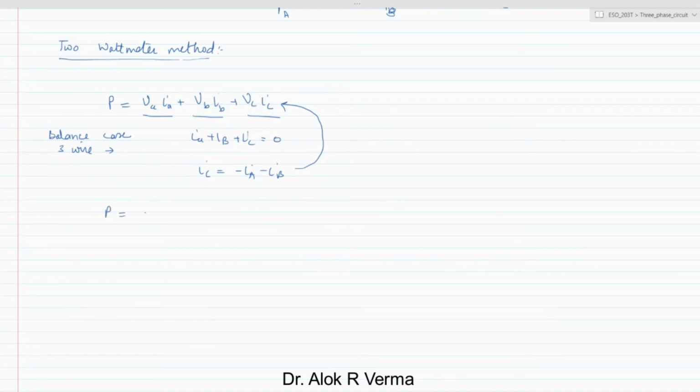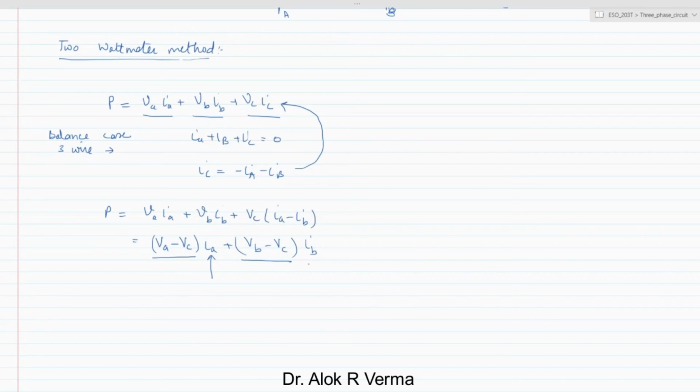So the power will be nothing but VA IA, which is phase A, plus VB IB, phase B, plus VC times IC, where IC is minus IA minus IB. If you write this, it is VA minus VC times IA plus VB minus VC times IB. So it clearly indicates that this is the reference voltage and these are the currents.